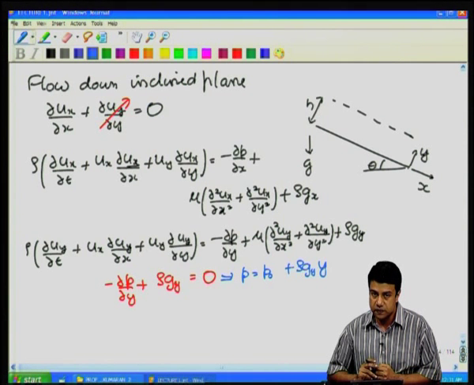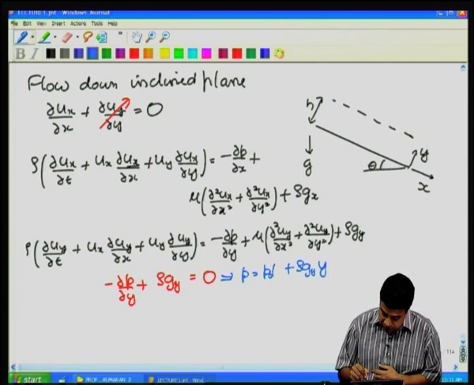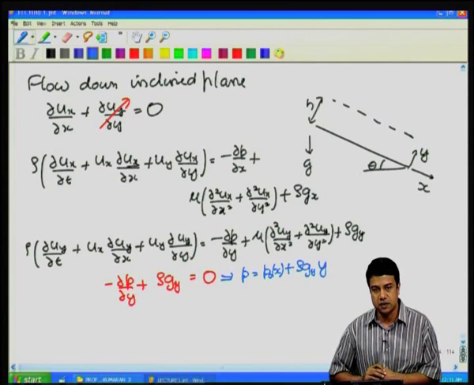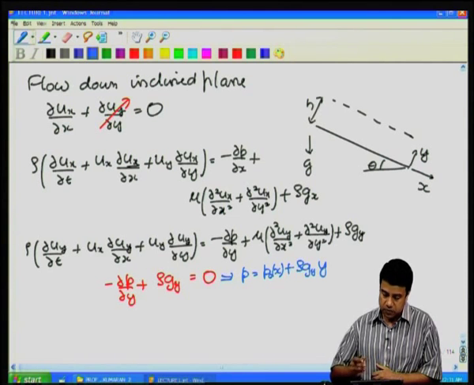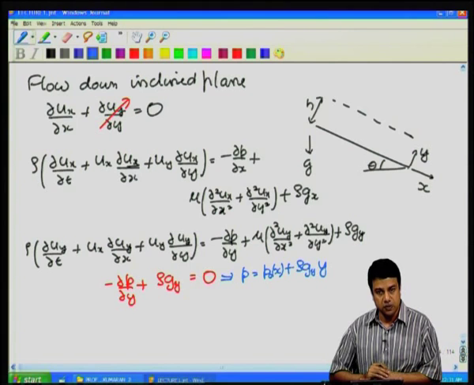So, the constant of integration that appears can in general be a function of x, because I am integrating with respect to y. In this expression, if I take the derivative with respect to y, keeping x a constant, I just get rho times g y. That satisfies the differential equation. How do we know what the value of P naught is?